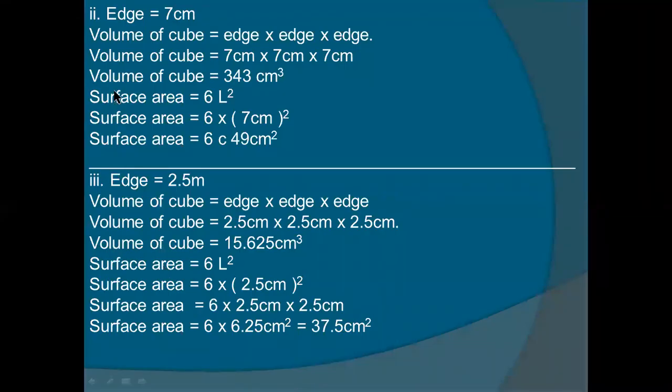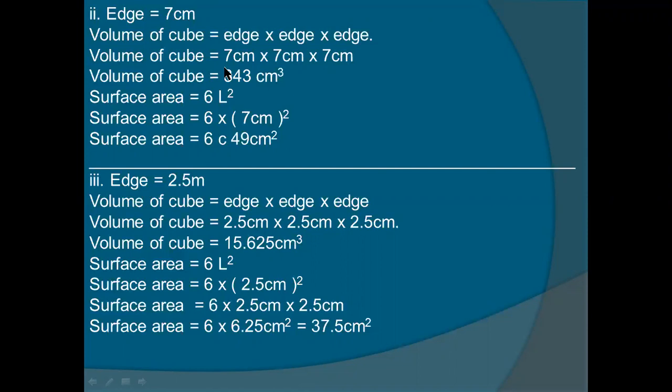Dear students, number 1 question, part number 2, is also the same. Here the value of the edge is equal to 7 centimeter. So dear students, volume of the cube is equal to edge multiplied by edge multiplied by edge, 3 times.